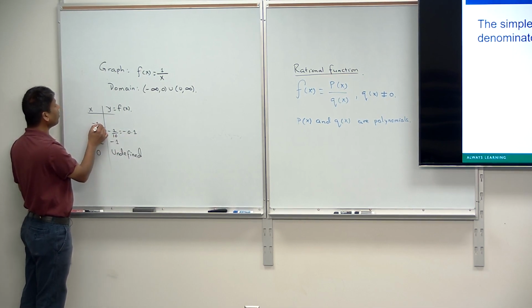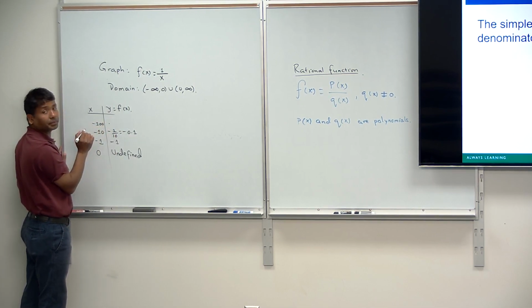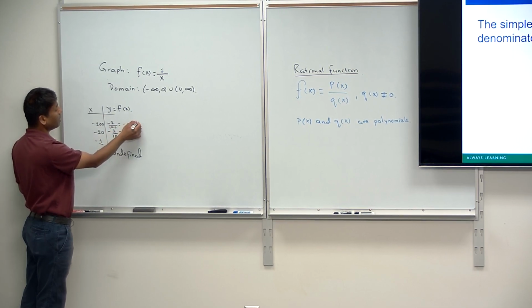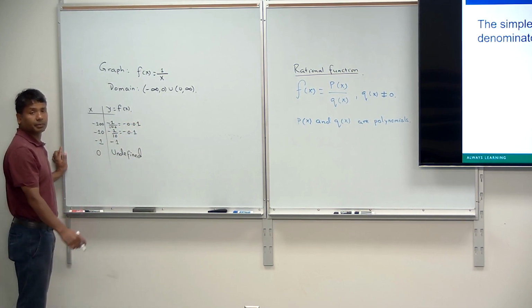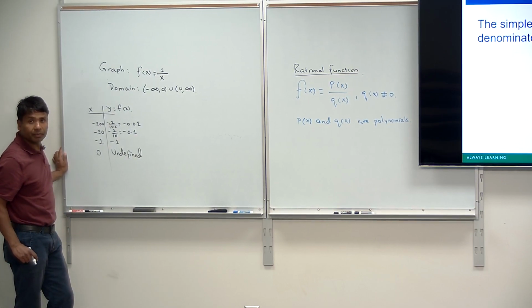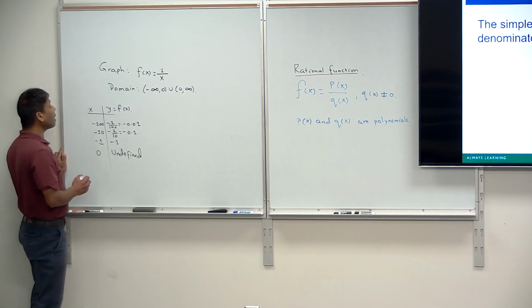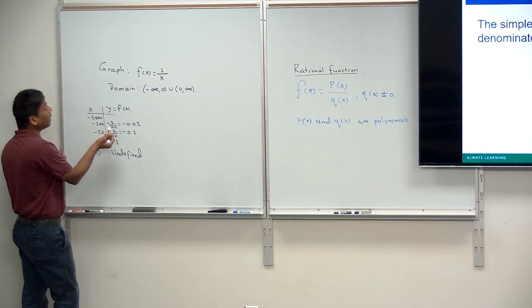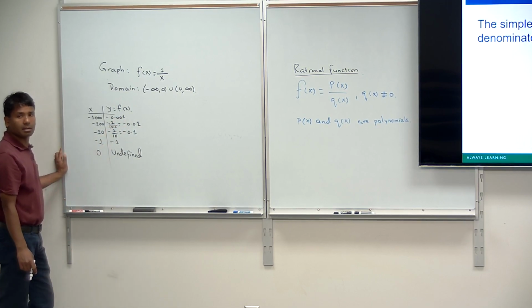If I have negative 100, it would be negative 1 over 100, which is negative 0.01. Make sense? Similarly, if I plug in negative 1000, it's going to be negative 0.001, right?